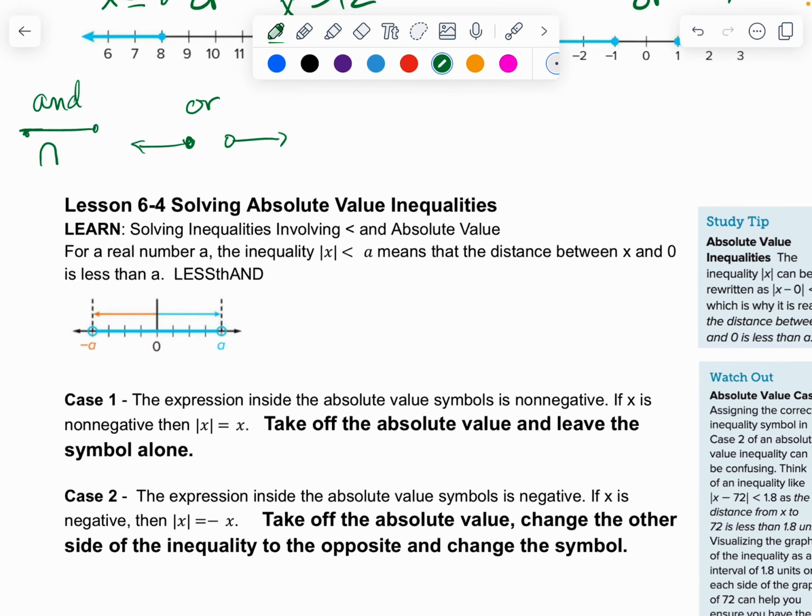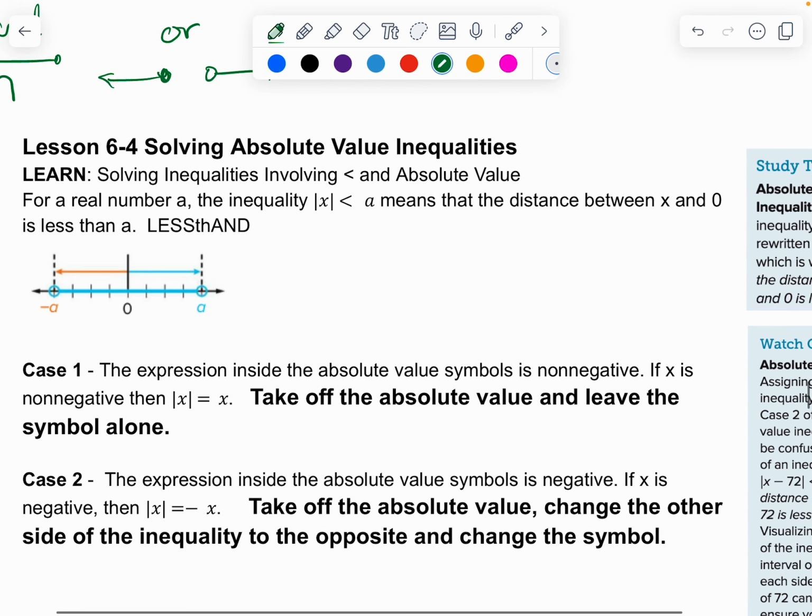So today what we're going to do is take absolute values and use the compound inequalities. So for the real number A, this is a variable, the inequality, the absolute value of x is less than A, means that the distance from x and 0 is less than A. Every time I see that, I screw up.